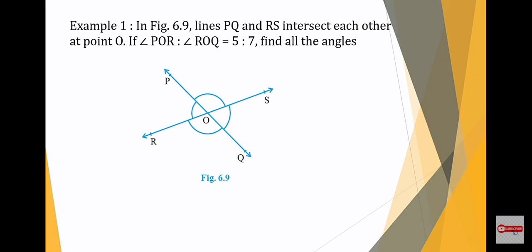Now let us do some examples based on linear pair axiom and theorem 6.1. So consider example 1. In figure 6.9, lines PQ and RS intersect each other at the point O. If the ratio of angle POR to angle ROQ is 5:7, find all the angles.